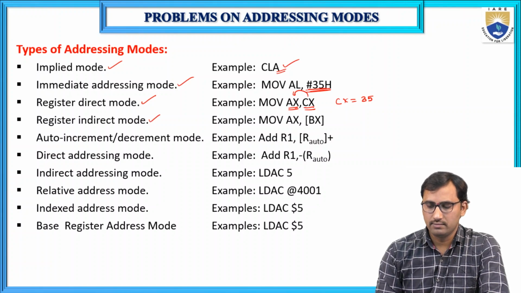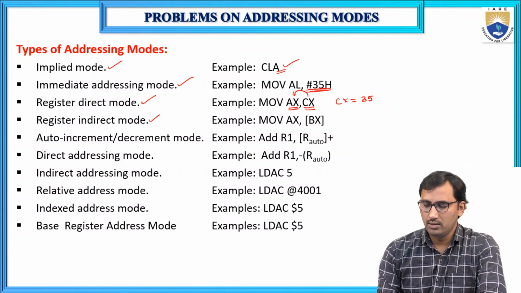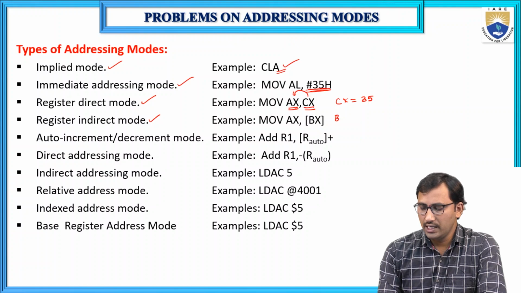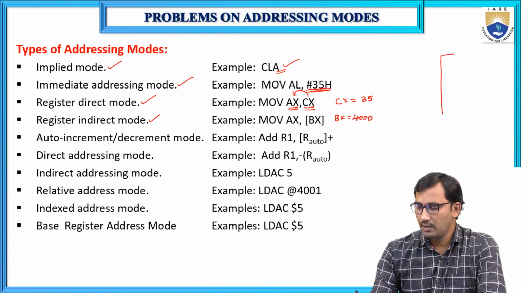Next, register indirect. This is the register indirect mode. That means the operand is not given directly in the register. The operand is given in an indirect way. Suppose BX is equal to 4000. So we have a memory.